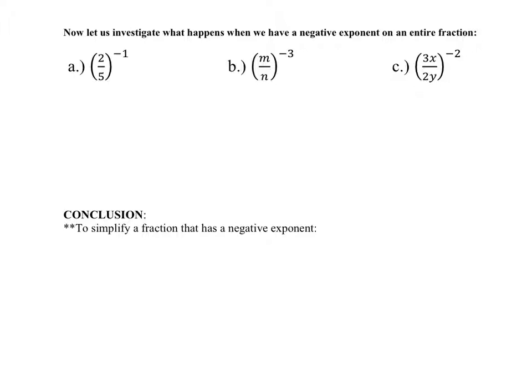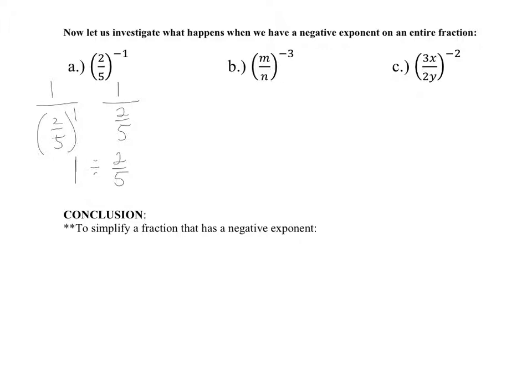I'm going to first look at A. I have this -1 exponent on the outside here. This means that I'm going to do 1 over this entire fraction to the first power. So that's one way of looking at it, is to say that's going to be 1 over 2/5 to now the positive first power, which really just means 1 over 2/5, because 2/5 to the first power is just 2/5, which then means 1 divided by 2/5, right?